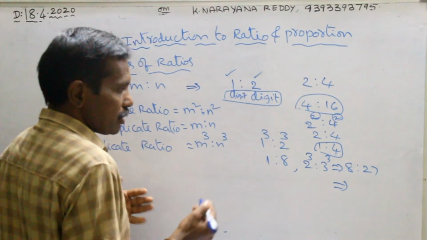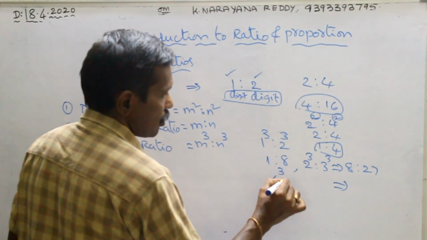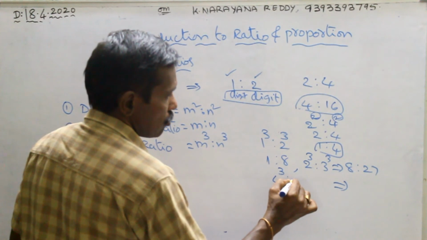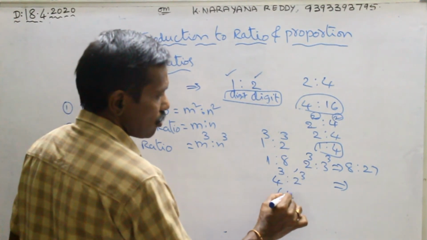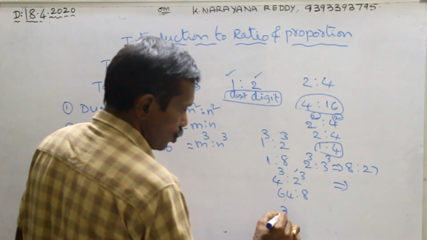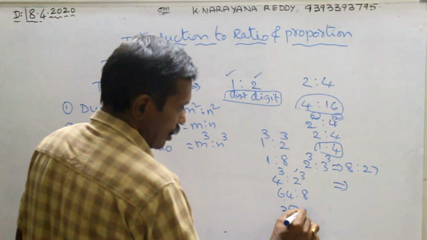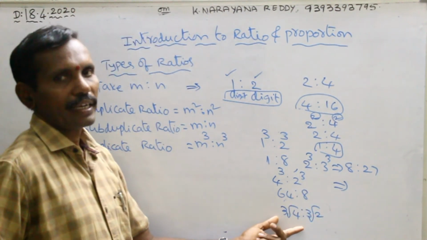Okay. Now take another number. For example, 4 cube is to some 2 cube. What do you say this? 64 is to 8. 4 cube. Cube root of 4. Cube root of 2. This is subtriplicate.